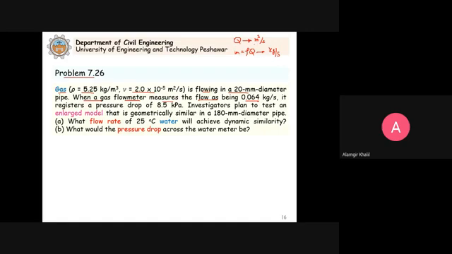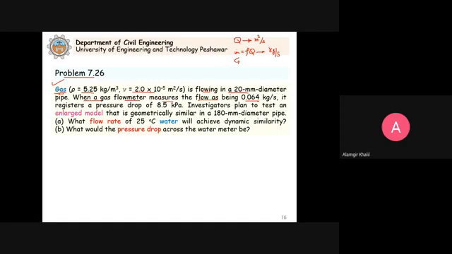But when we deal with compressible fluids, it is more convenient to deal with the mass flow rate and the weight flow rate.